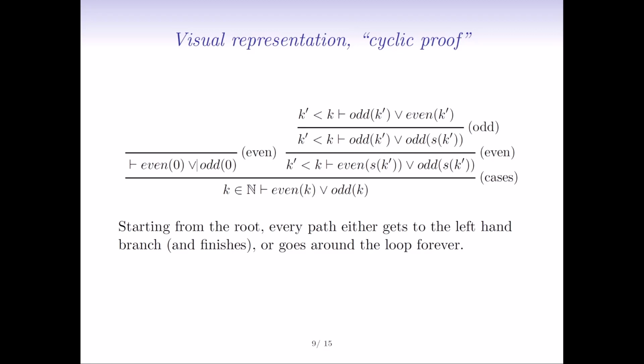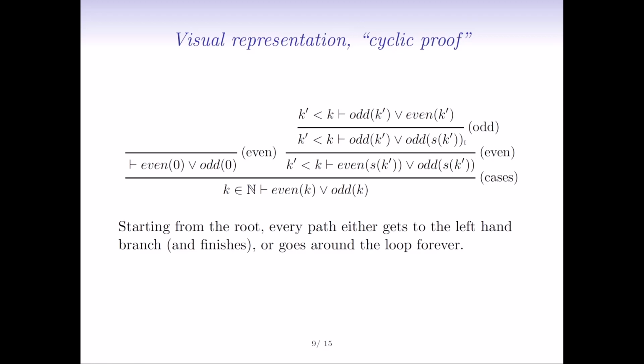And although I haven't written that down, I've written down instead the more useful fact for infinite descent, that k prime is less than k. So we have that k prime is less than k, and we need to show that k is either even or odd, which is to say that the successor of k prime is either even or odd. Now, since odd of k prime implies even of sk prime, this reduces to showing that either k prime is odd or the successor of k prime is odd.